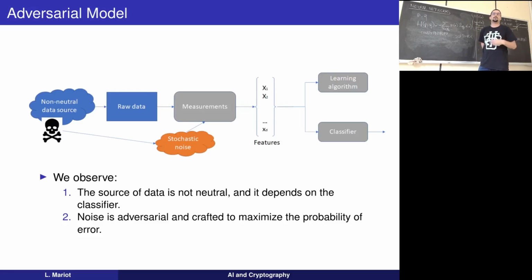And so instead of interpreting it as a stop sign, it could be something like speed limit 120 kilometers per hour or something very dangerous like that. So the adversarial model here can affect both the data source and the measurement tools with noise that is not stochastic anymore.